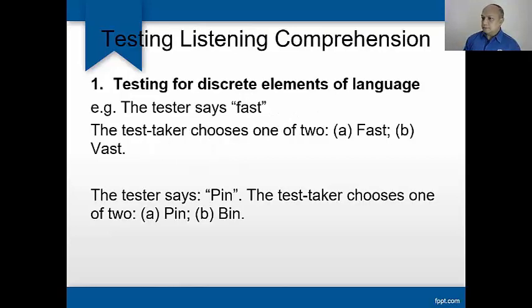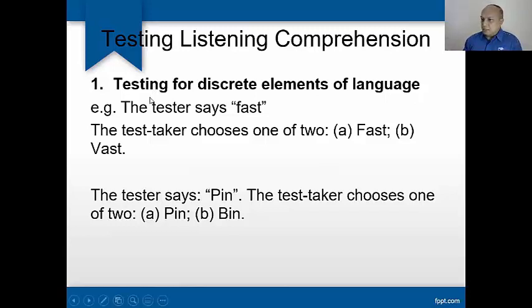Okay, testing listening comprehension. I'm going straight into how we test listening comprehension. There are several ways or several types. First is testing for the discrete elements of language. Discrete here means separate, not unified, not as a whole, but separate elements of language. That's called discrete.